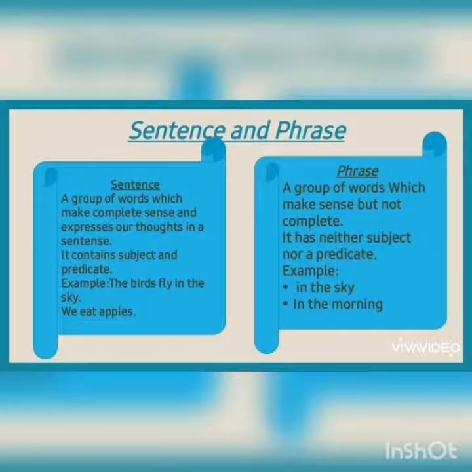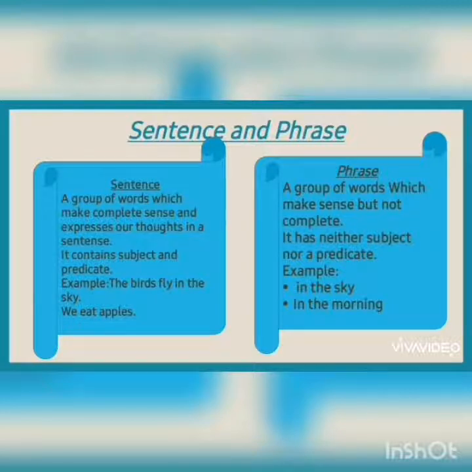Sentence and phrase. What is a sentence and what is a phrase? Sentence. A group of words which make complete sense and express our thoughts. It contains subject and predicate. For example, the birds fly in the sky.